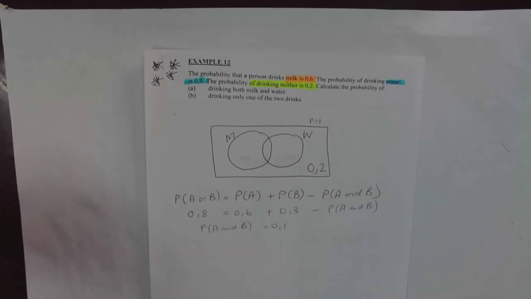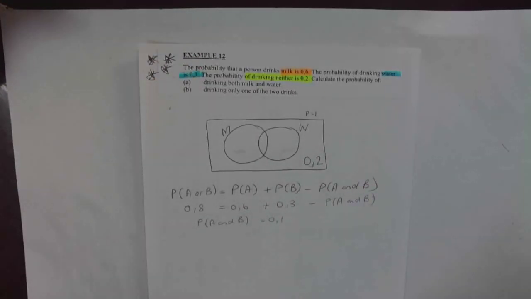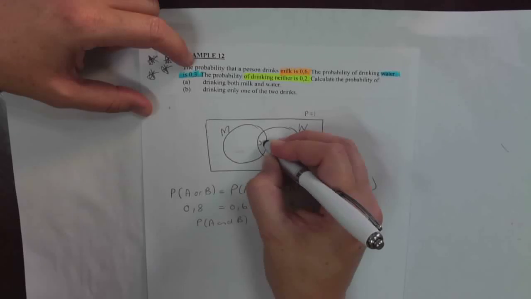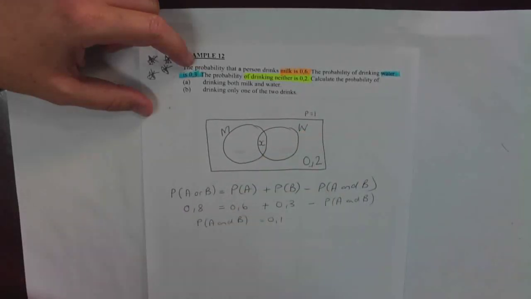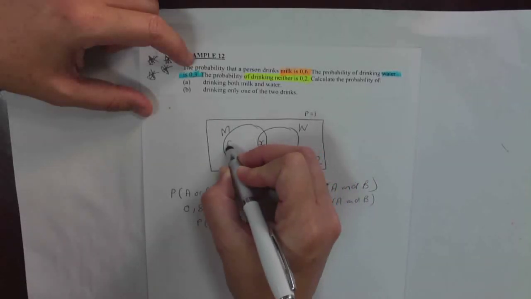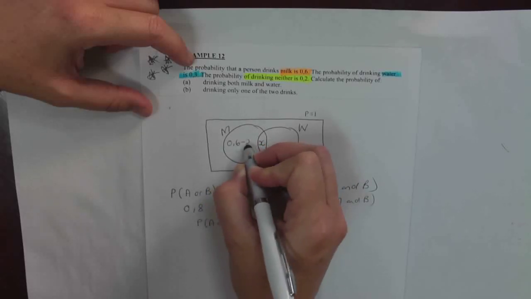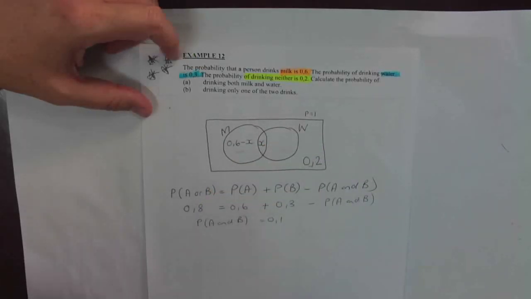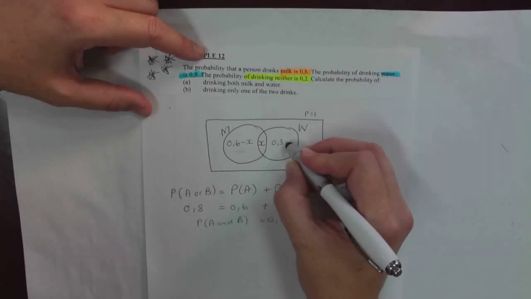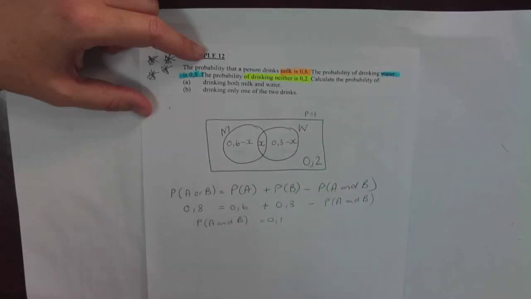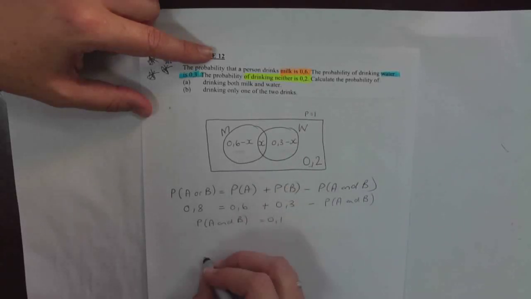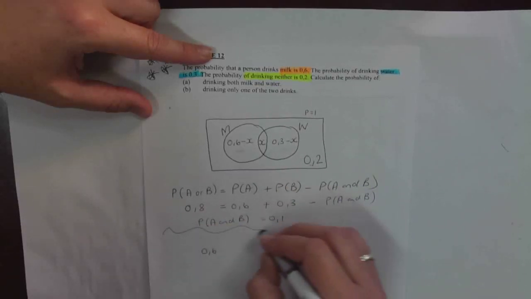Okay, so let's see if my working with the identity, where I get 0,1, is going to give me the same answer. So what if they force me to use a Venn diagram? I don't know what the value is for milk and water. So I make it x. So milk will not be 0,6, it will be 0,6 minus x. And water won't be 0,3, it will be 0,3 minus x. Okay, so what do I know?